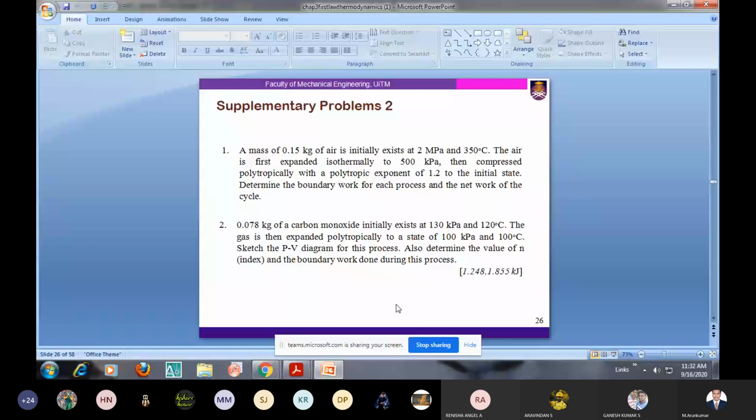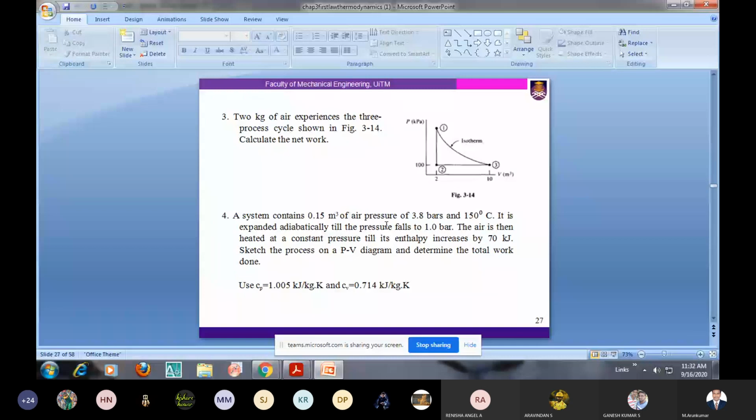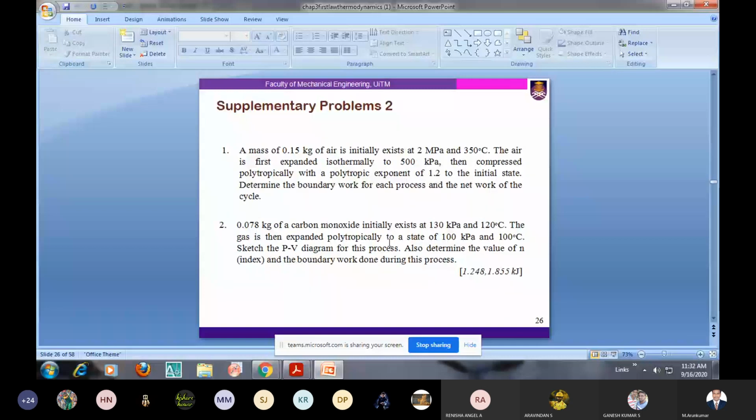Also, try to solve these problems in your assignment. These will be the same as the previous one. You have to know the W equation and the ideal gas equation for the concerned process. Then you have to be able to identify what the process is.